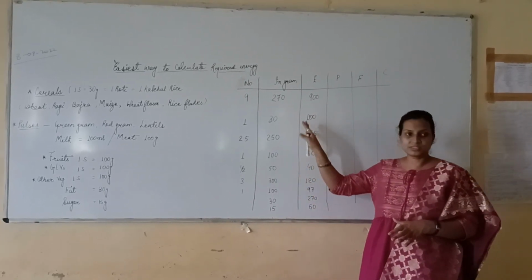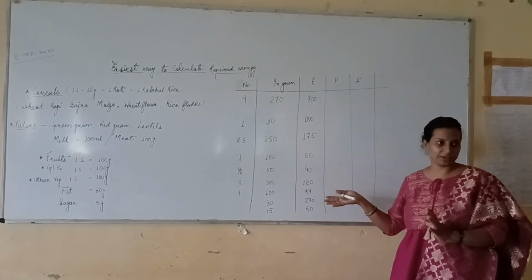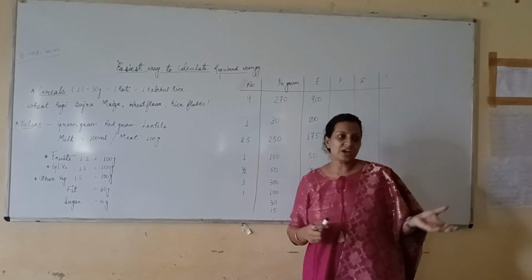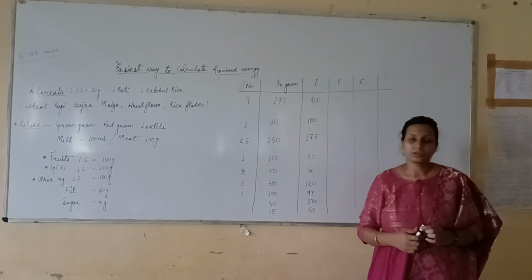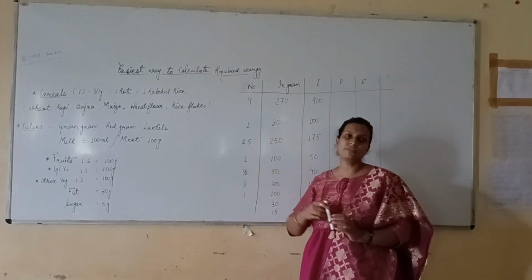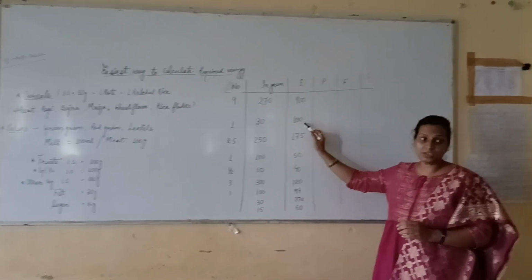You can take it as a sample, but this is not fixed. It has to be dynamic. Now, in India and in Jharkhand, mostly people take pulses only one time a day. So again, 1 katori dal, raw weight is 30 grams, and again it will provide you 100 kilocalories of energy.